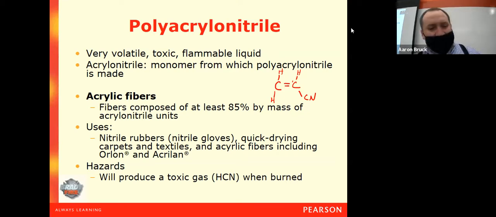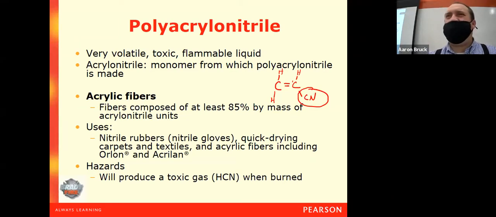Now, the natural hazard associated with them is you might recognize this group, CN, and say, isn't that cyanide? Well, not quite. Cyanide would be CN with a -1 charge. It'd be an ion.